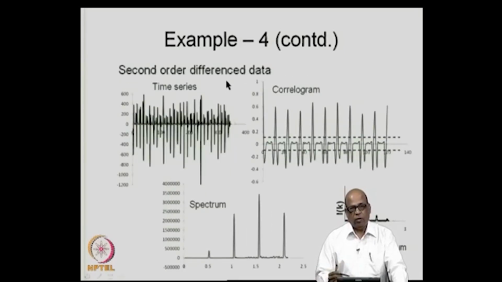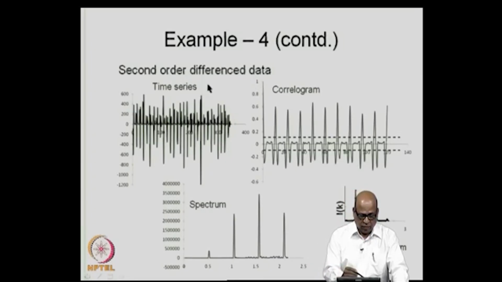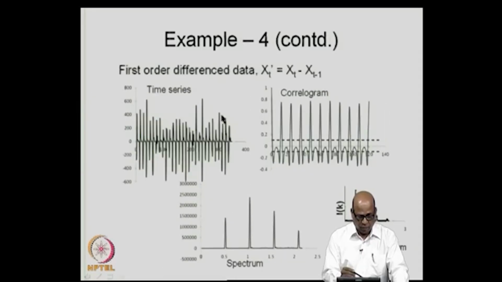What do I do in the second order differencing? I take x dash t minus x dash t minus 1. Now, when I do the same analysis on the second order difference data, the time series appears like this, which is different from what was there for the first order difference data.